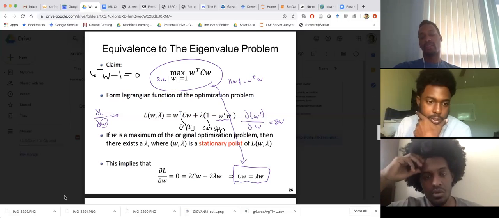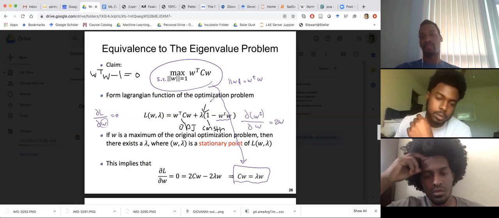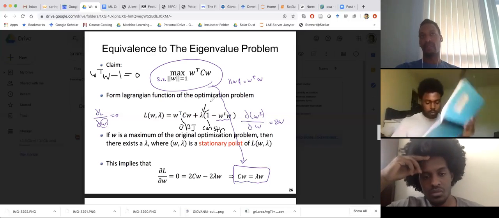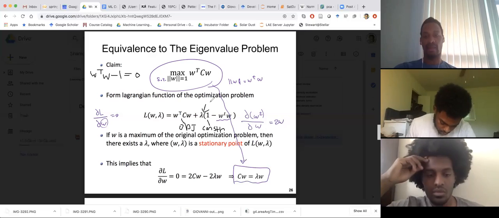The Lagrangian method allows you to do constrained optimization. So you have a constraint and you have an objective, and you're trying to optimize the objective such that the constraint is satisfied.